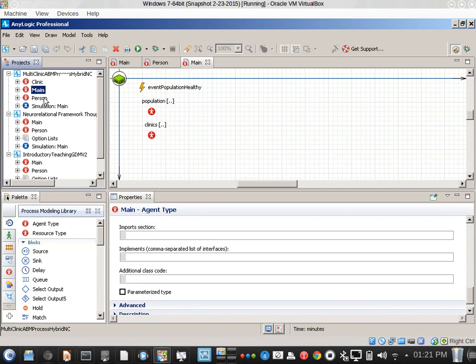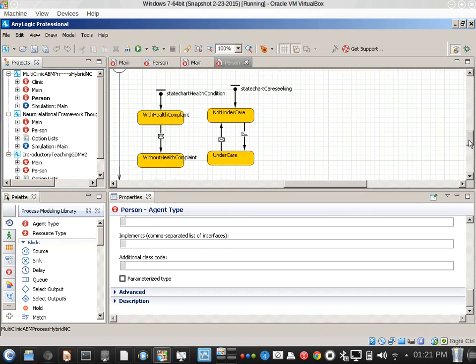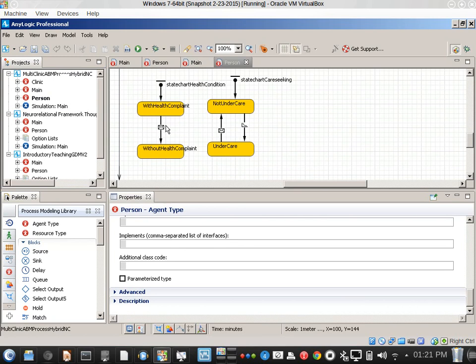People exhibit care-seeking behavior that brings them to the nearest clinic when they encounter health difficulties. This model is a teaching example. We built it up in class, and it has a very simple structure.